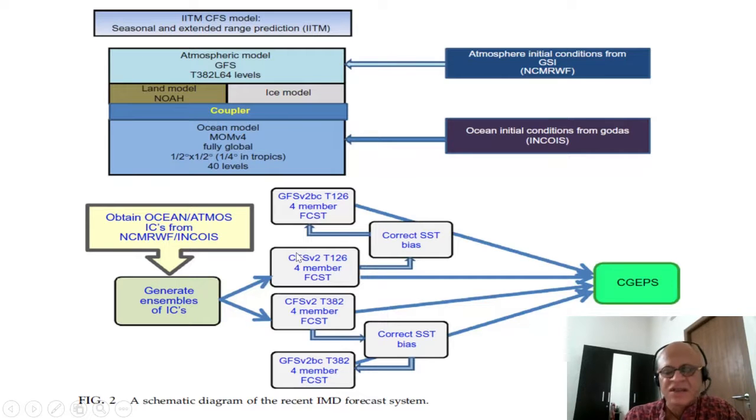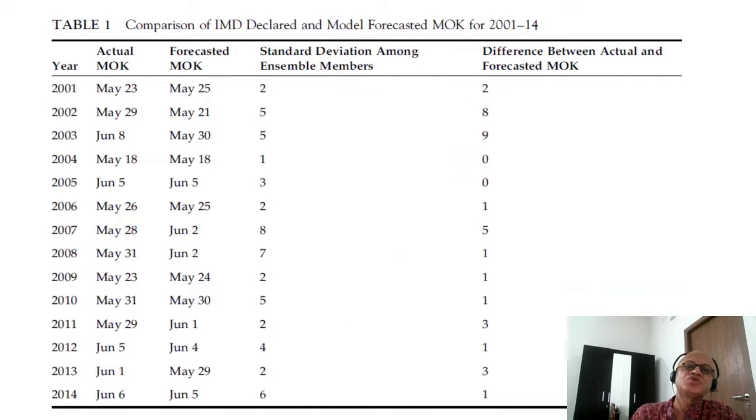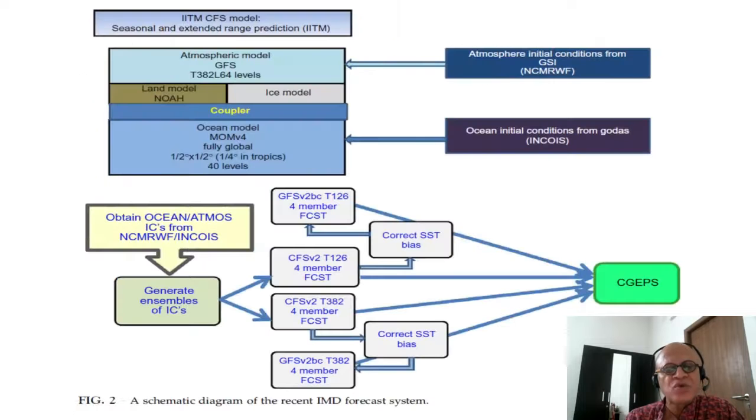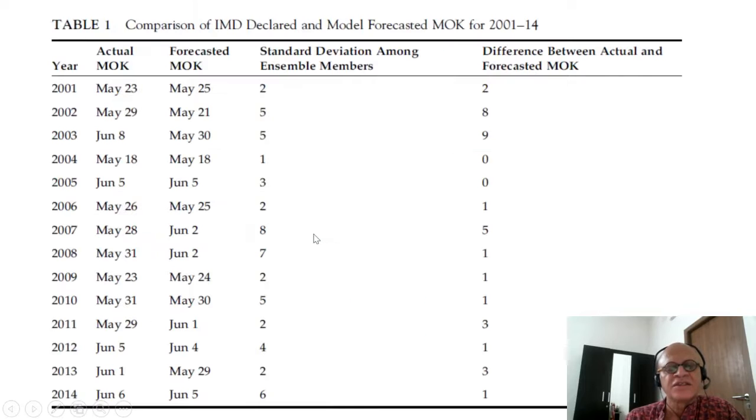Somehow they have developed this sophisticated system to do a multi-model ensemble, and we will see that this multi-model ensembling approach does improve the ensemble spread, reduce the RMS error, and extend the S2S forecast lead time, which is good. There is no unique way to do these things, how to generate ensemble ICs and so on, so they have done their own system. So, a comparison of IMD's declared and model forecasted monsoon onset over Kerala for 2001 to 2014.